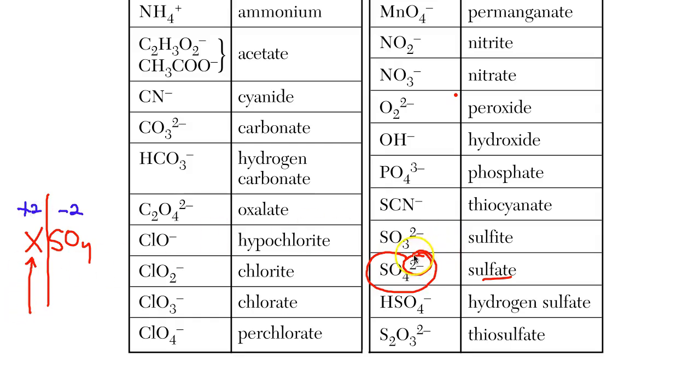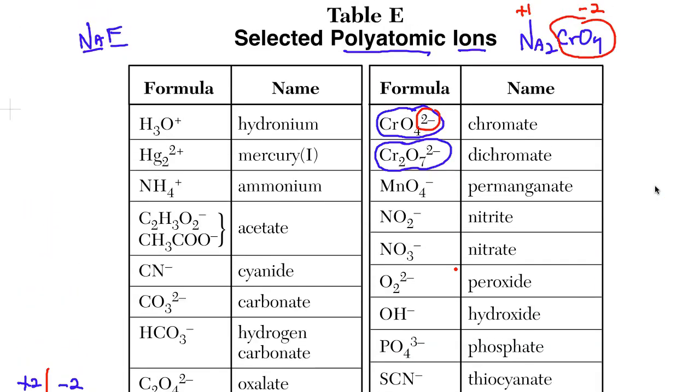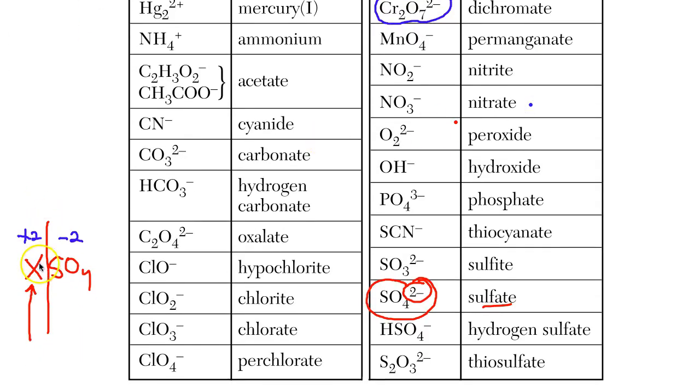So the key to the entire problem is knowing that this cluster was -2, and this ionic compound or salt, if I'm just going to have one X, it's +2. Unlike what I have here for sodium chromate, I needed two sodiums because each one was +1. All right, so this is telling me that my first guy has to be +2.